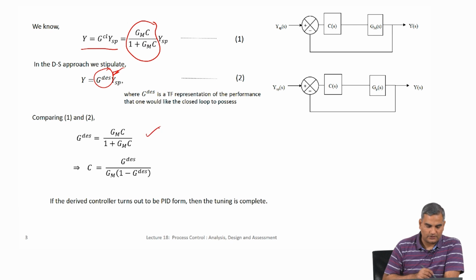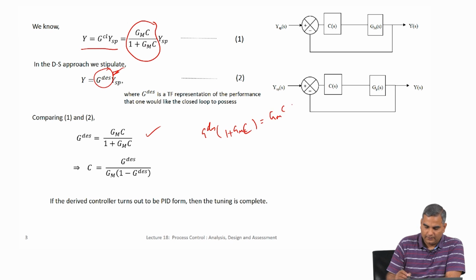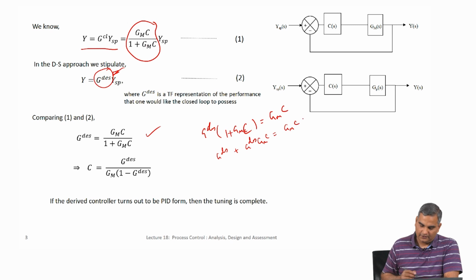So, that is this equation here, GMC divided by 1 plus GMC is G desired. So, if you do some very simple manipulations, let us do that. So, this is G desired times 1 plus GMC equal to GMC. Then what we need is, we need all the controller terms to one side, right. So, basically what we are going to do is we are going to have G desired plus G desired GMC equal to GMC, right.